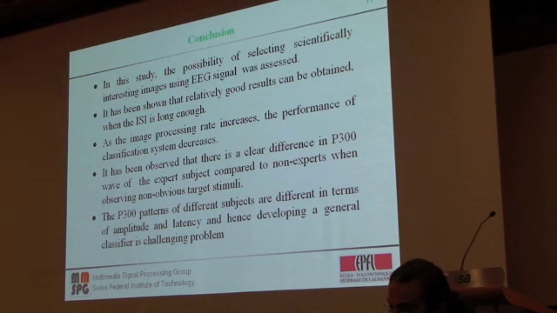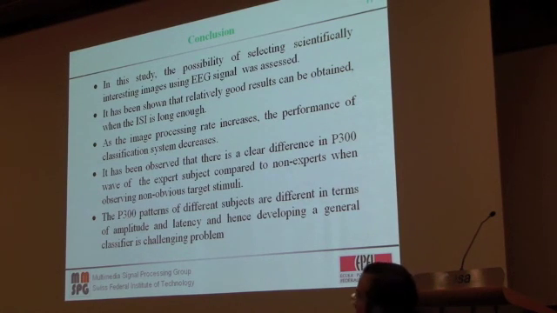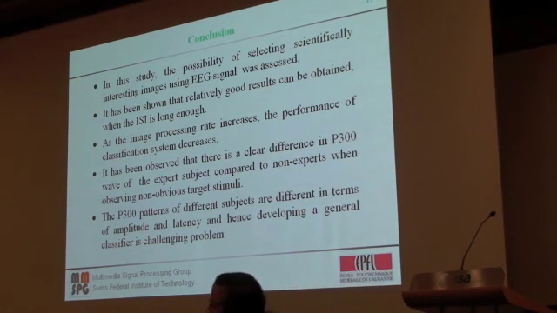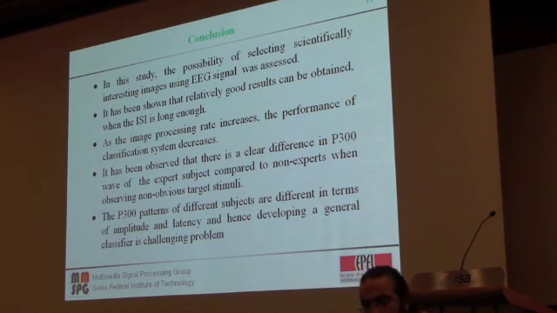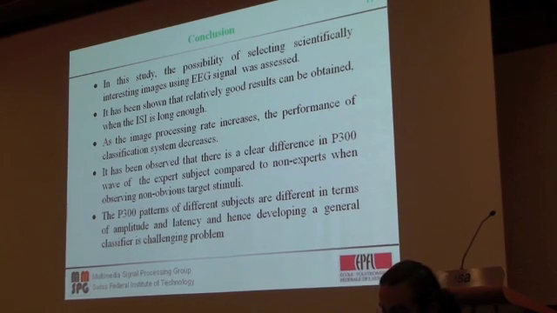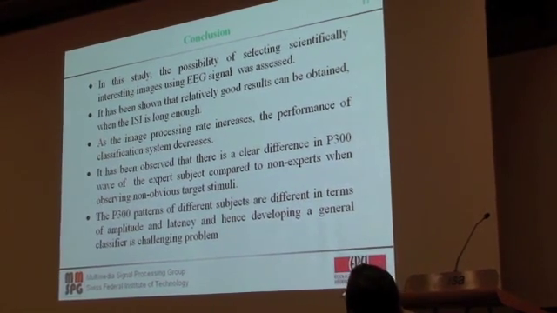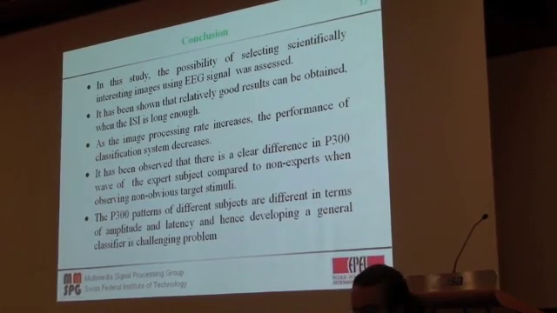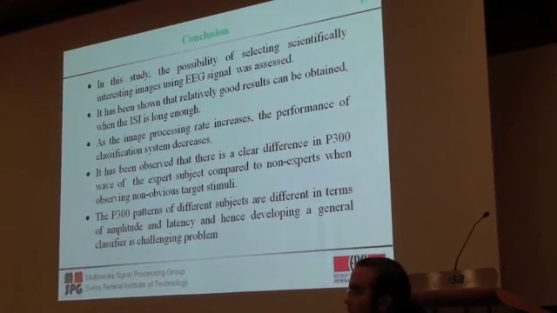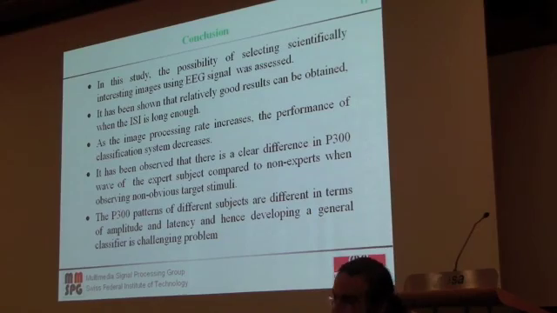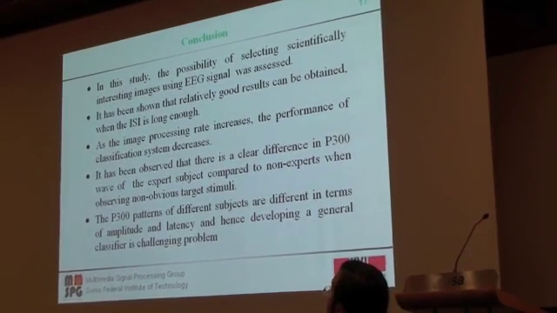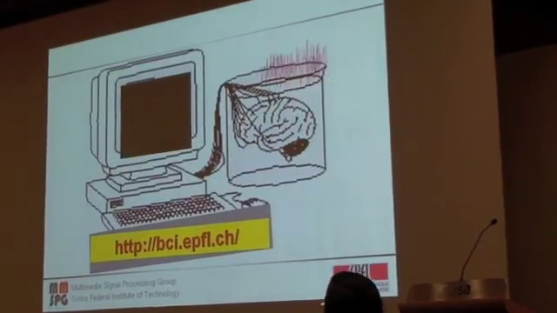Also, we saw that there is a clear difference between P300 correlated with seeing obvious and non-obvious targets for the expert subject. The other observation was that the P300 pattern is different among subjects, so it's really challenging to build a general classifier that can be used for everybody. Thanks for your attention.